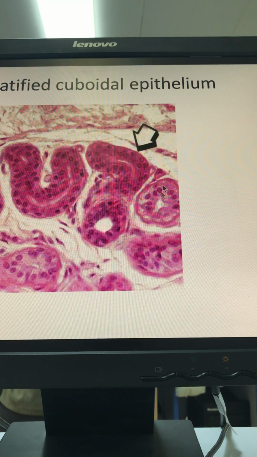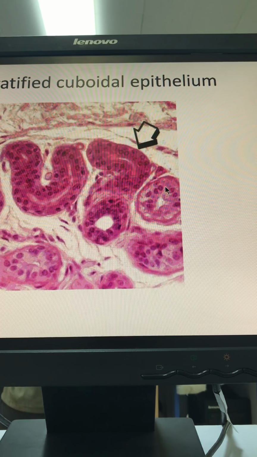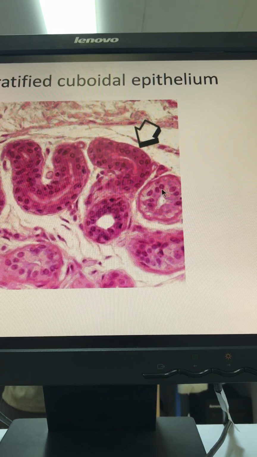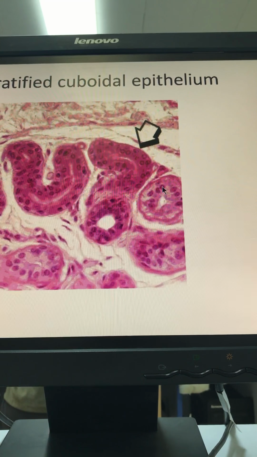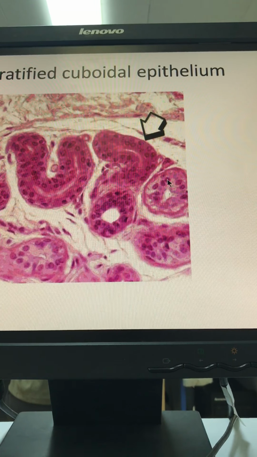Okay. If I ask you about this section, where is it, in the gland or the duct? This is the gland. Okay, simple cuboidal, the gland itself, or the secretory portion. When we need secretion, we have a single layer of cells.